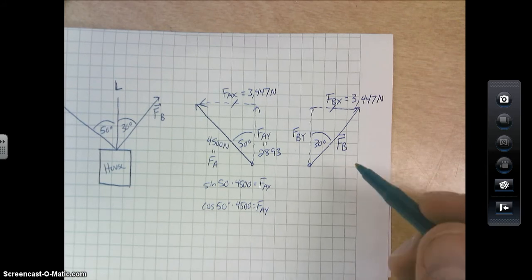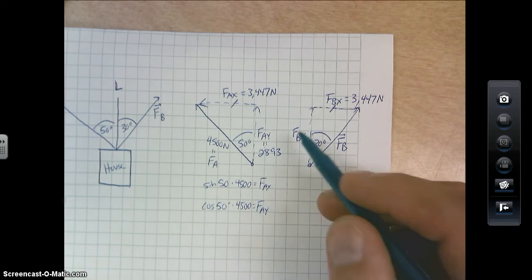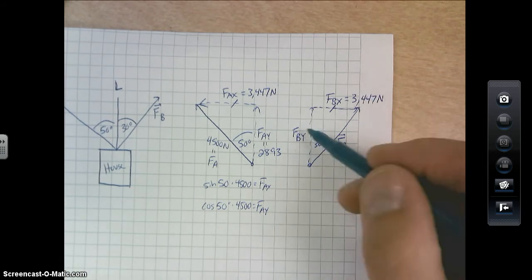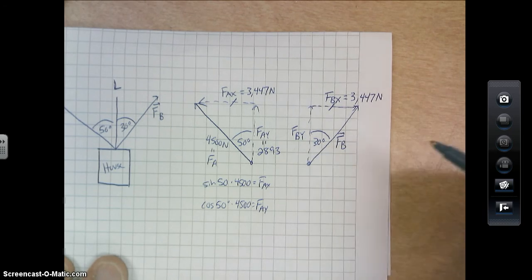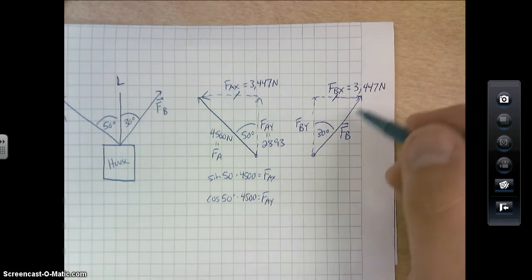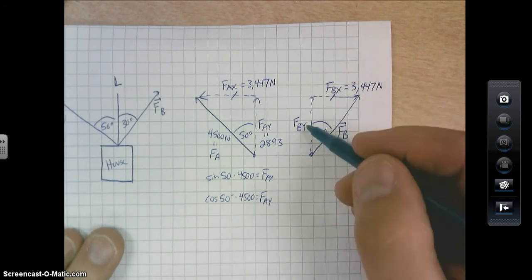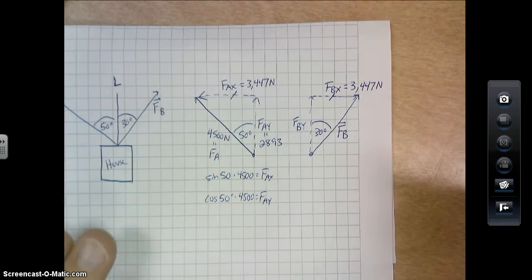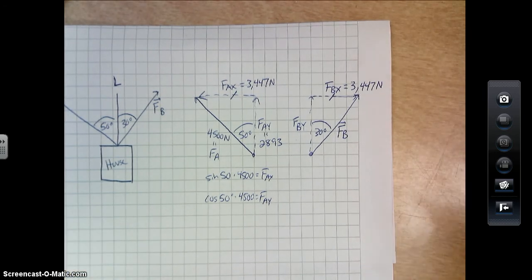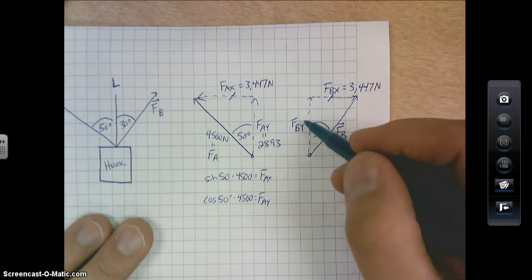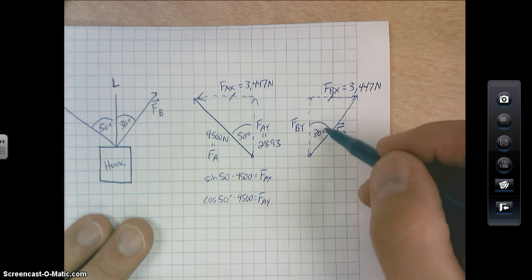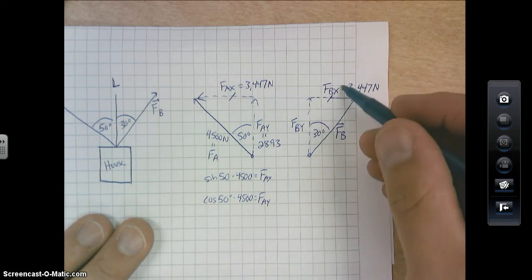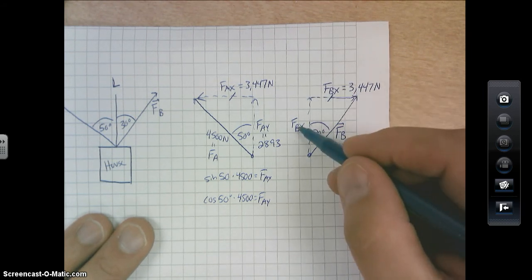So I'm able to solve for all the rest of these because I know FBY, or I'm sorry, I know FBX, so I can solve for this and solve for this. So I just have to start plugging in numbers. If I want to solve for FBY, I have the opposite and I want the adjacent.